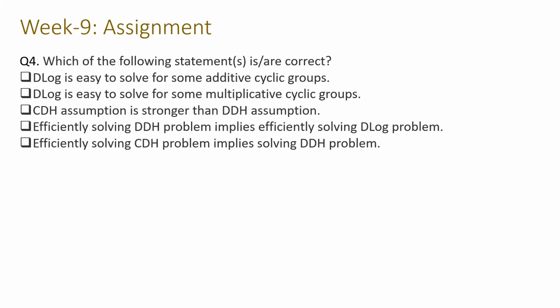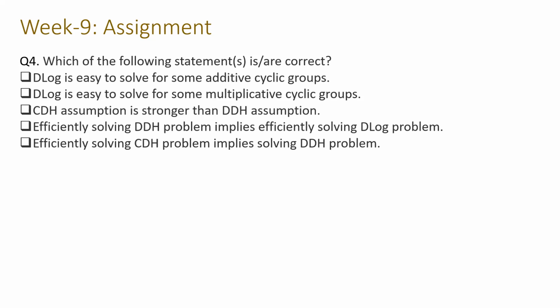Which of the following statements is or are correct? D-log is easy to solve for some additive cyclic groups. Well, this is true because in the case of additive cyclic groups of the form, say, Zp with respect to addition modulo p, you know that this kind of group does not satisfy any of the D-log, CDH or DDH assumptions.